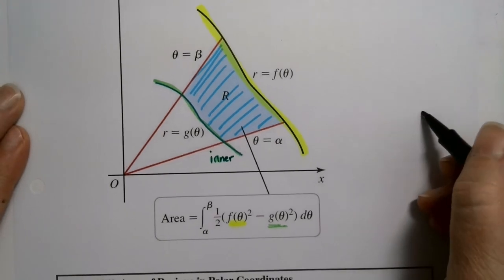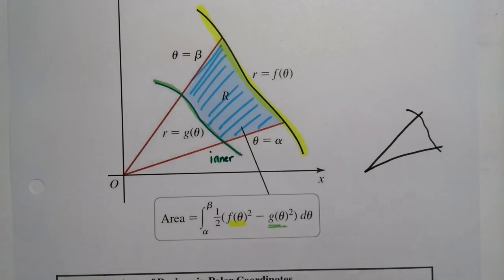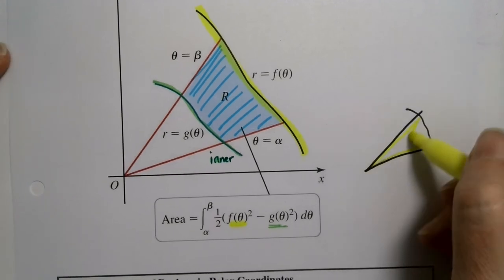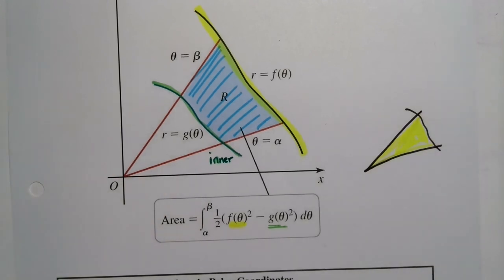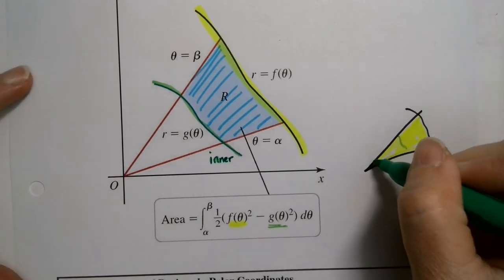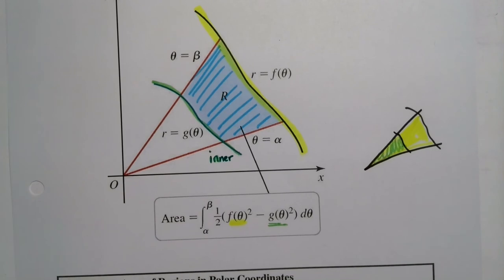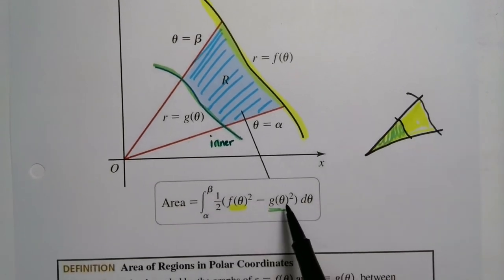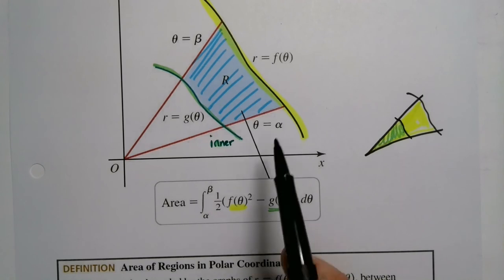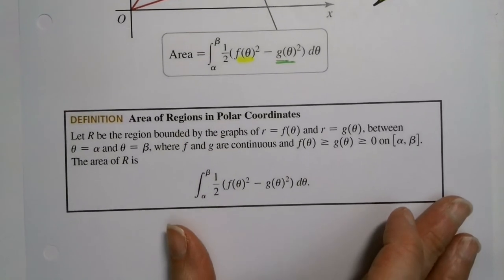What you're sort of doing is you take the whole section, that's the outer piece, and then you have this inner piece in here. If you subtract away that inner piece from the outer piece, you'll have what's left over. So you're taking the whole bit minus the little bit inside, and that'll leave you this region left over. And that is how to find the area of a region.